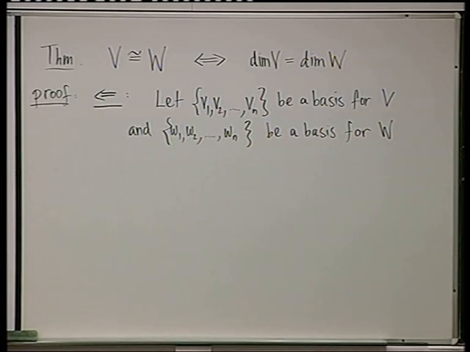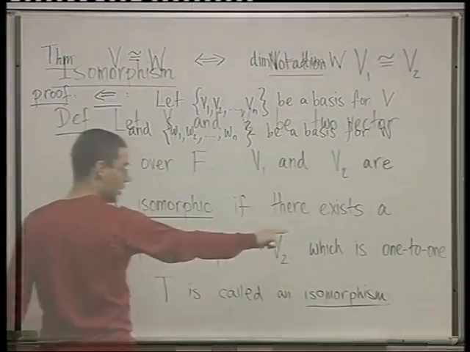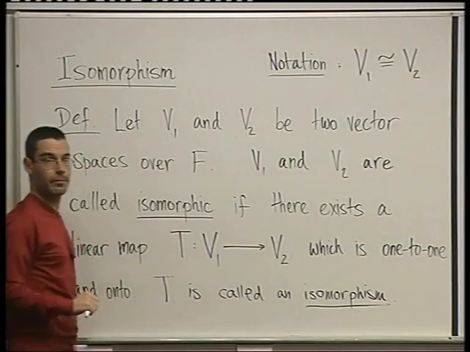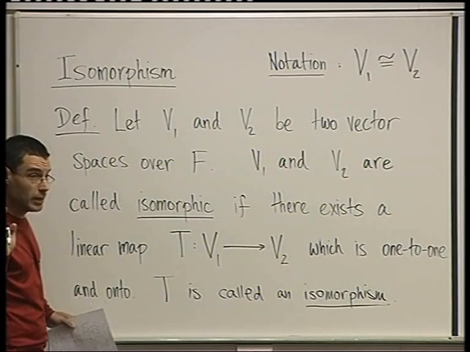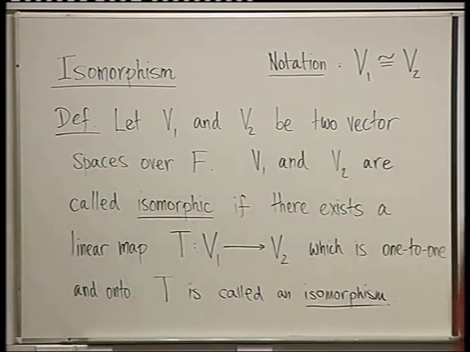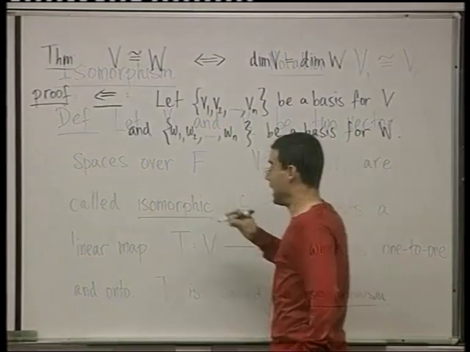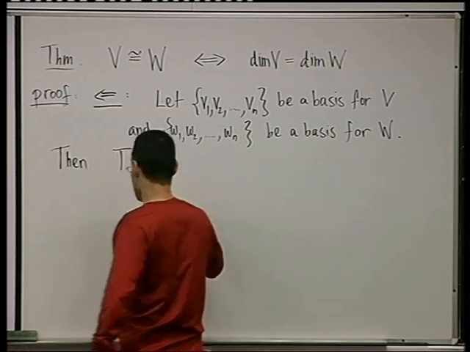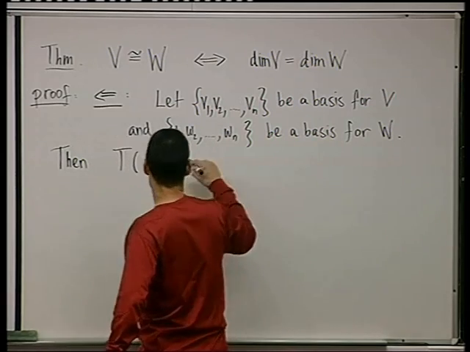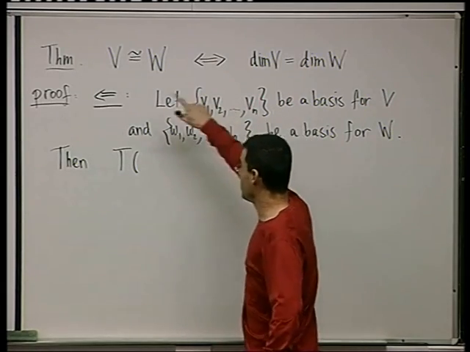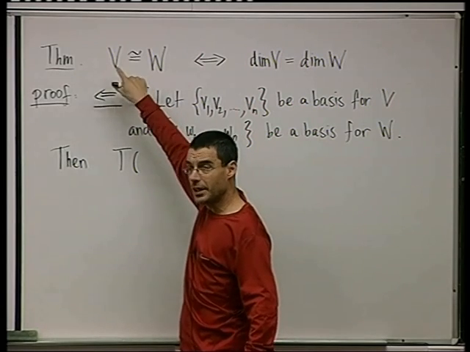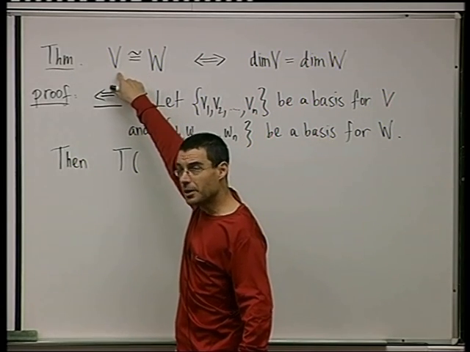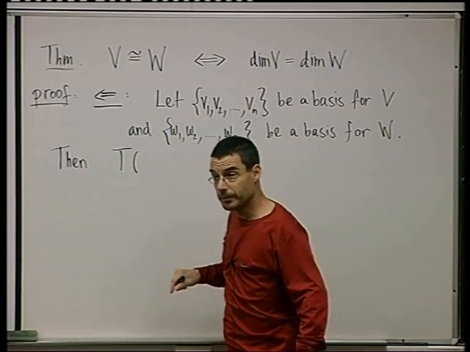Let's look at it again. Two spaces are isomorphic if there exists a linear, one to one and onto map between them, right? That's all. That's it. Good? So how can I give the map? This is something we've seen. Then the map T, which takes a general element in V. What does it look like?